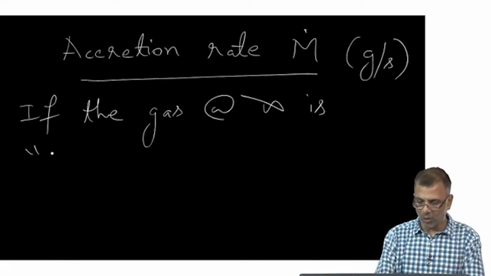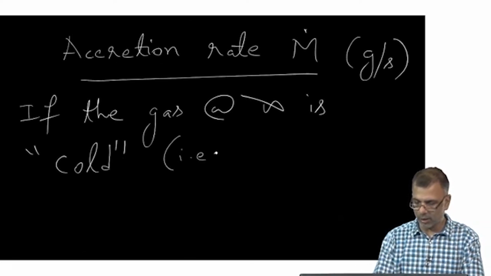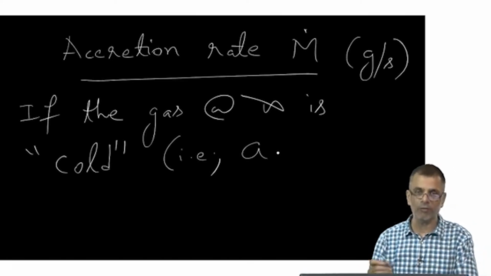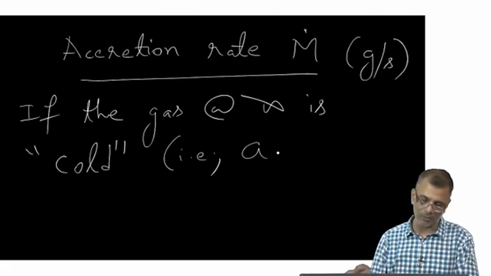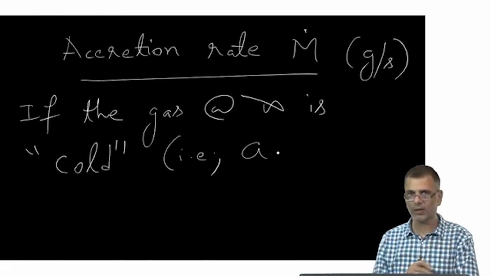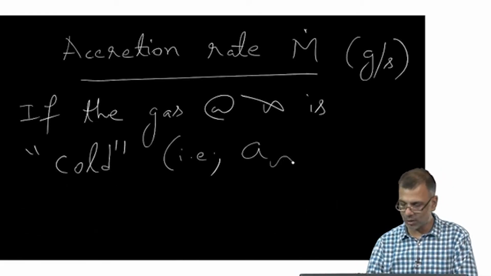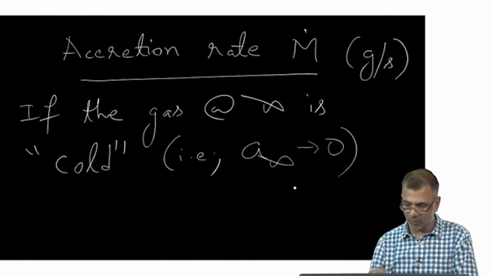Suppose the gas at infinity is cold, i.e. the sound speed, and from now on I'm using A for sound speed instead of Cs, simply because the references that I'm using say the same thing, tends to 0 at infinity. Why is this?